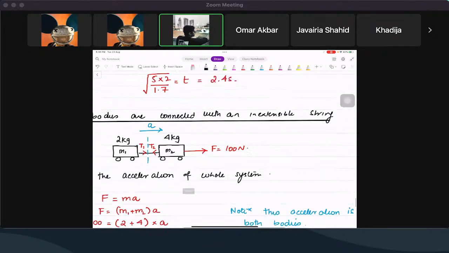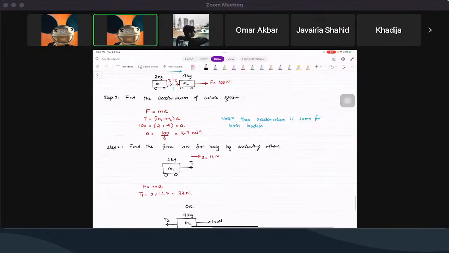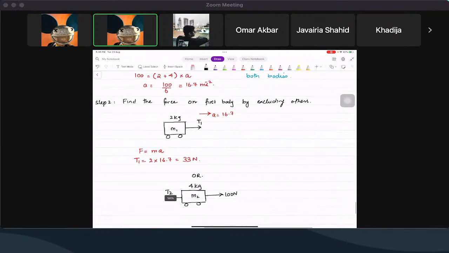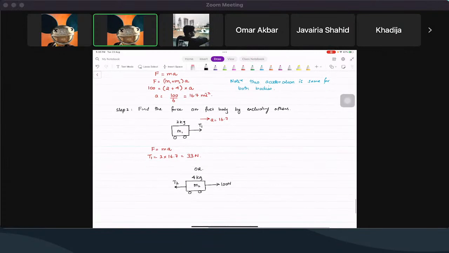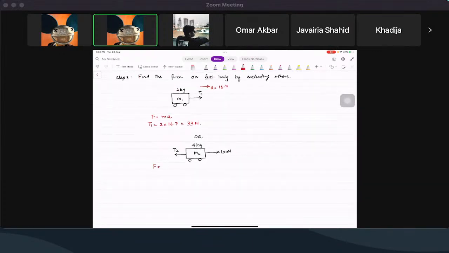Now what you're going to do is resolve the forces again. F equals ma. There are two forces and they're opposite to each other. So I'm going to write 100 minus T2 equals the mass, 4 kg, times the acceleration, which is the same for both bodies because they're moving together.